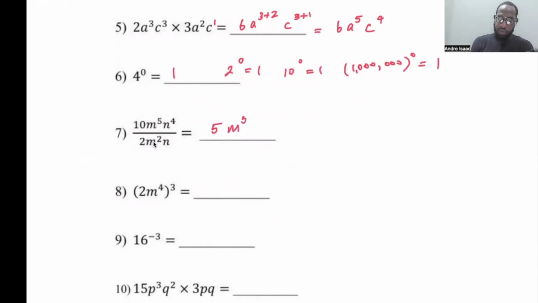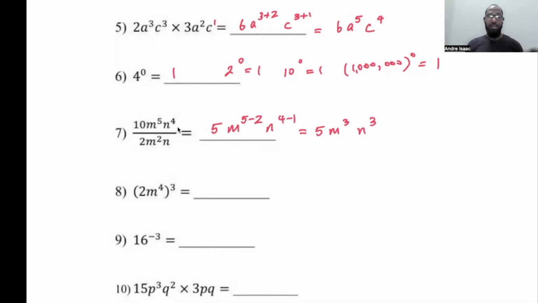So m to the power 5 minus 2, and n to the power 4 minus 1. So that is equal to 5m cubed n cubed.